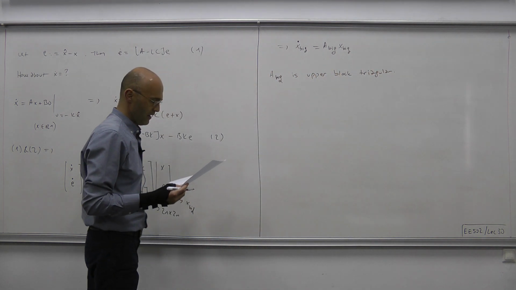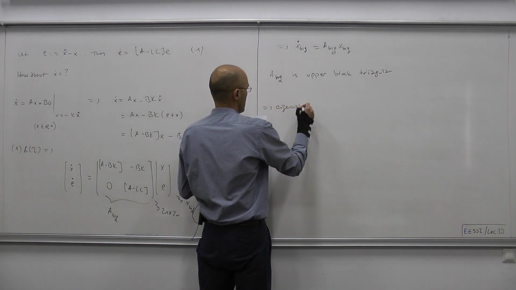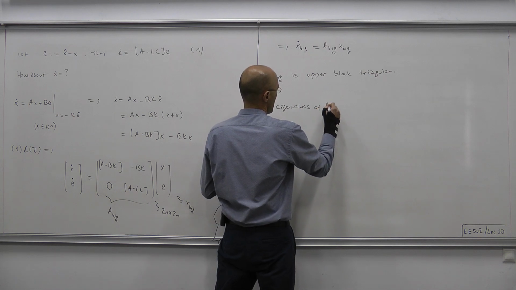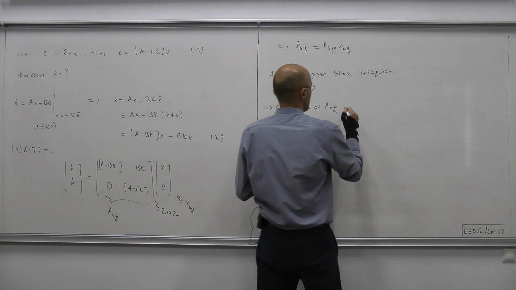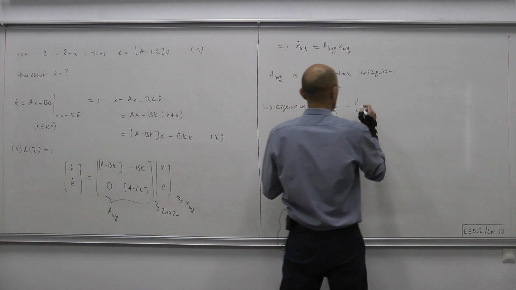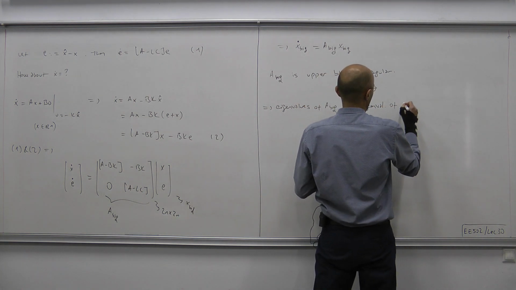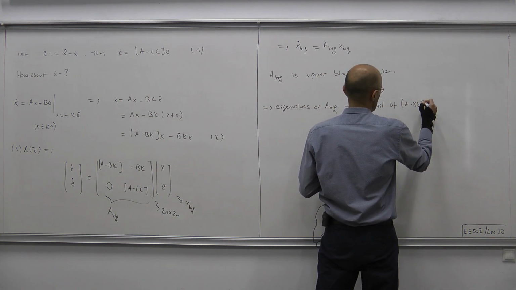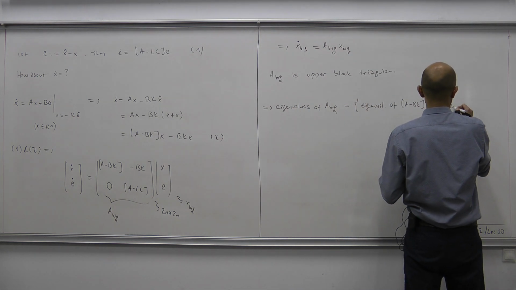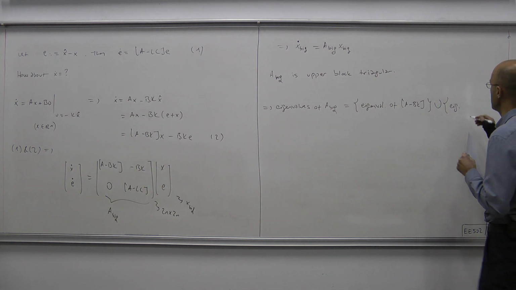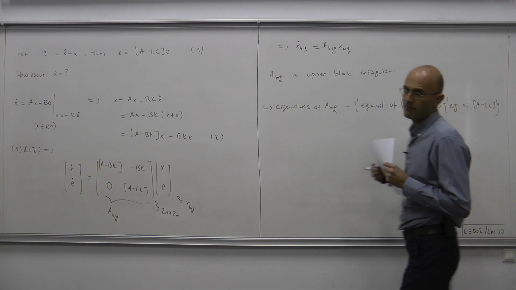Therefore the eigenvalues of A big equal the union of the eigenvalues of the first block and the eigenvalues of the second block, which is the matrix A minus LC.